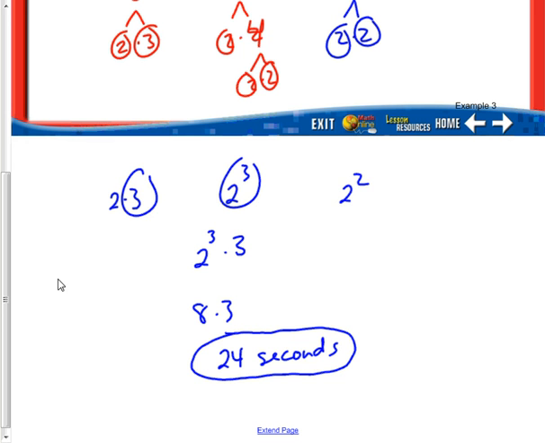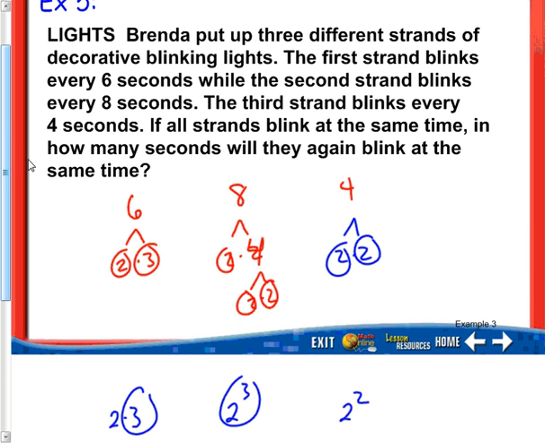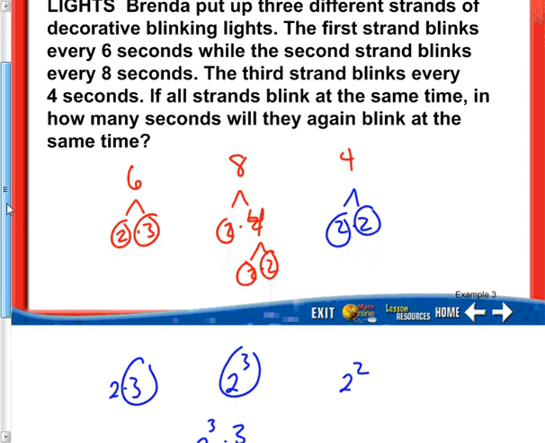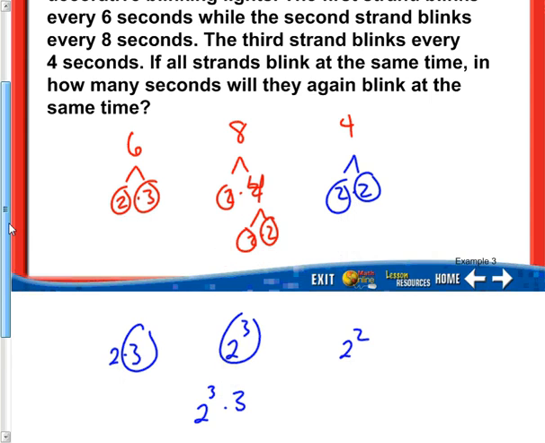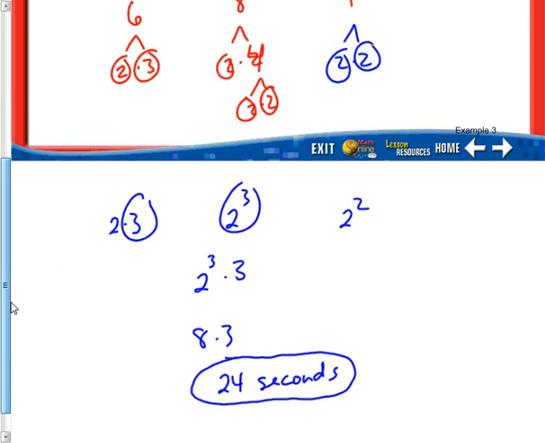So again, some of you may look at 6, 8, and 4, and you might say, okay, I know that 6 and 4 make 24, and 8 also has 24 as a multiple. So you may know that right away, but this is still the work that I need you to show, so that way I know you understand how to do the work and how to work it out in case you didn't understand that those were the numbers right away.